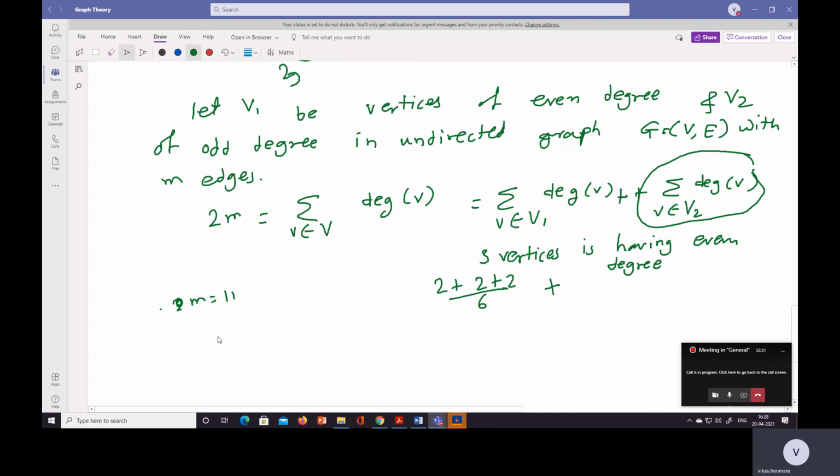So 2m, with m equal to 11, becomes 22, which is equal to 6 plus the odd degree vertices' sum, 22 minus 6.